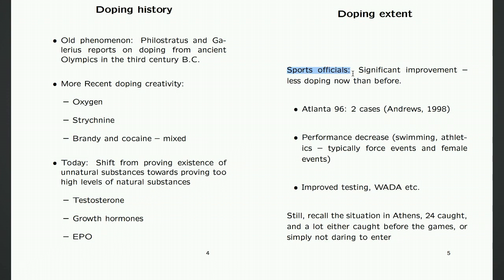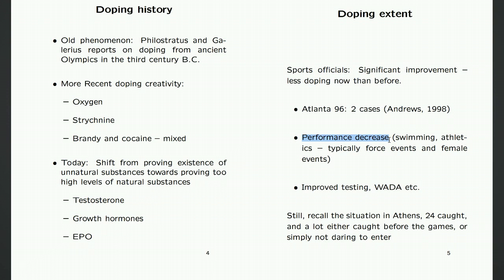You see here that only 2 cases were actually discovered immediately before and during the Atlanta Olympic Games. There is something which is obvious. We have seen certain performance decreases in certain sports. We have seen it in swimming. Although in the latter years the world records have improved, there was a certain period where the performance level of the athletes was not at the level it used to be some years before.